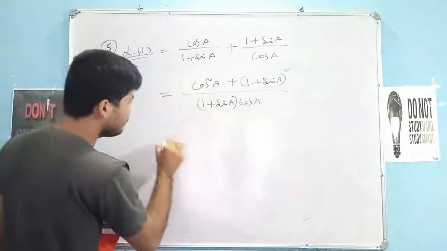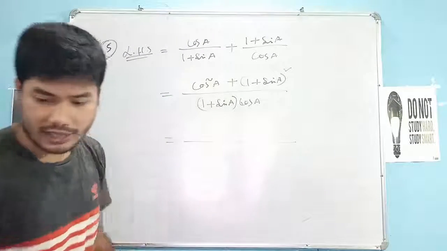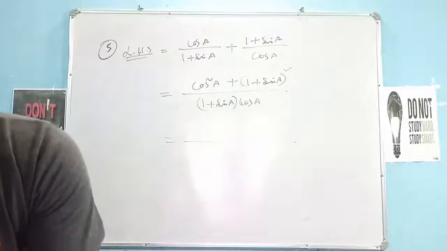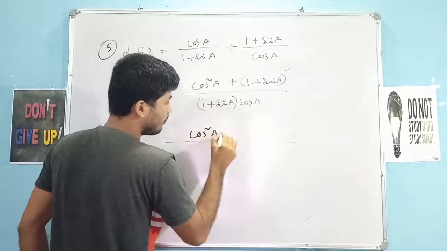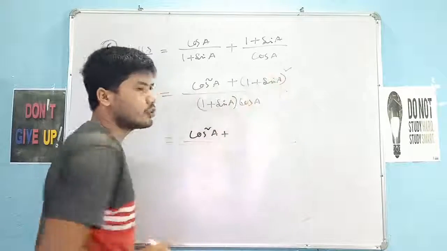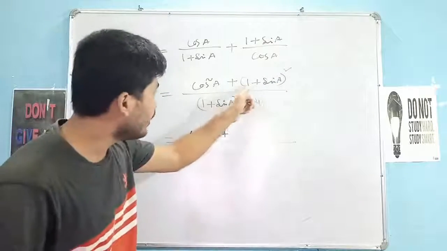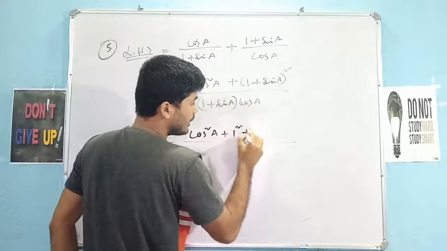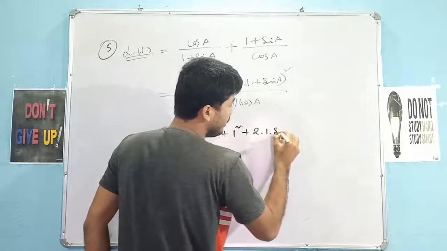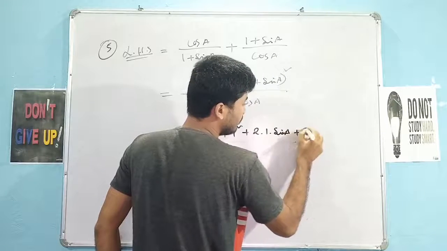Yes? Okay. Now, this is cos square A plus 1 plus sin A whole square, that is A plus B whole square, that is A square plus twice AB plus B square.